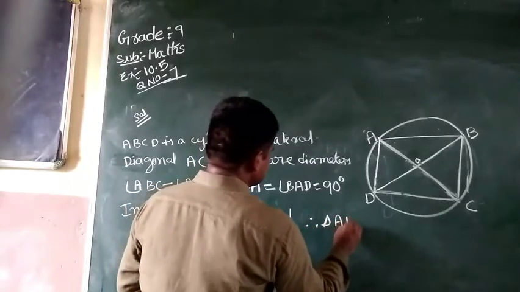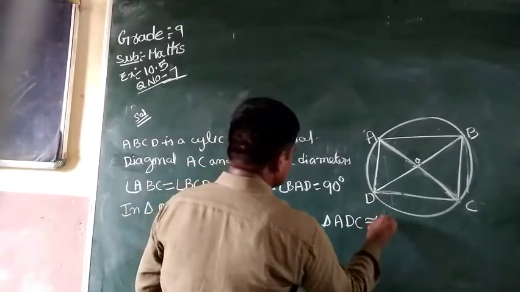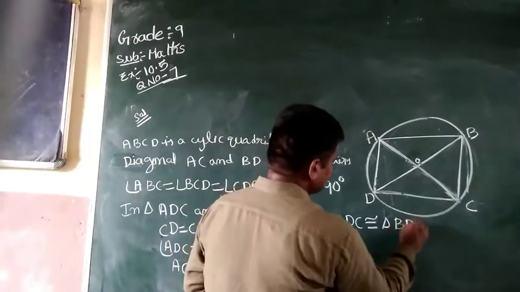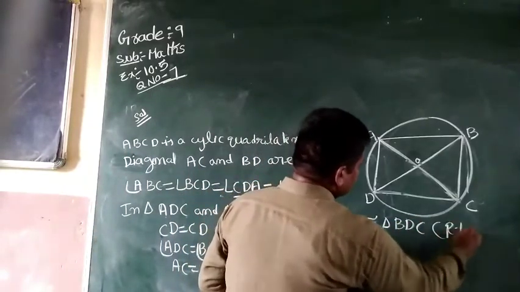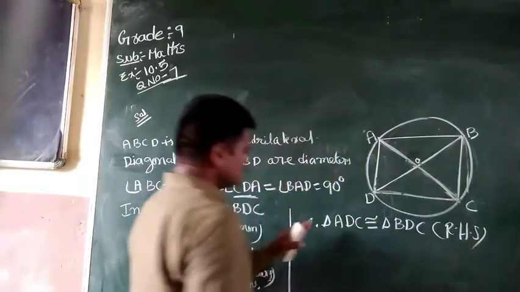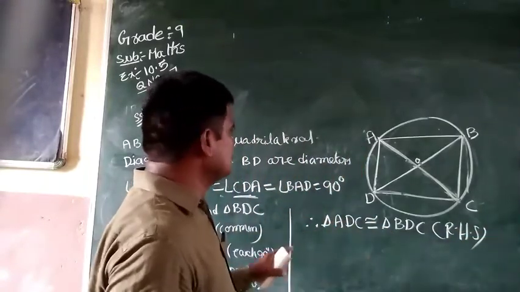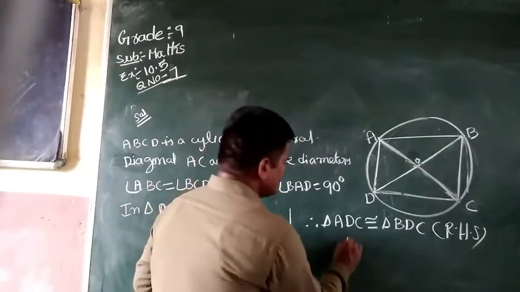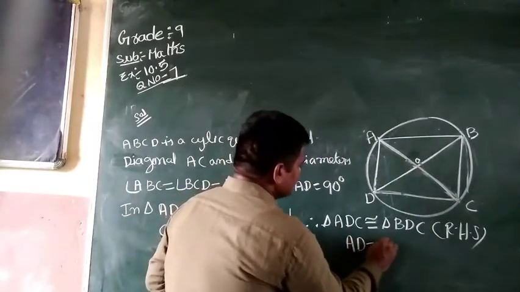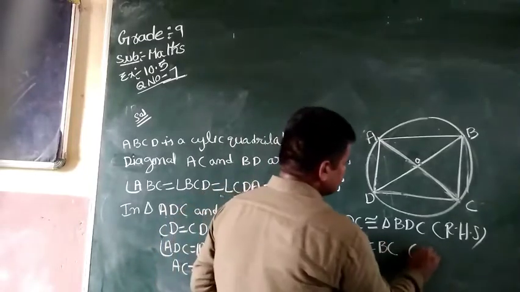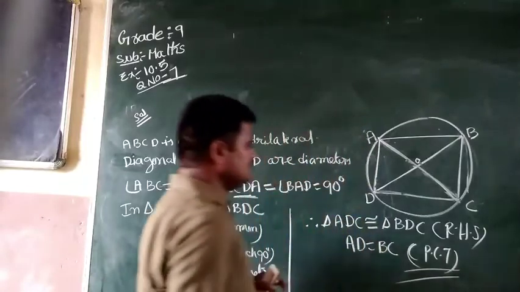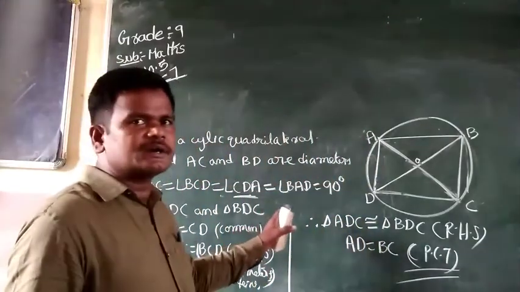Therefore triangle ADC is congruent to triangle BDC. What is the rule? Congruent by RHS. Since these two triangles are congruent, AD equals BC. The reason is CPCT, corresponding parts of congruent triangles.